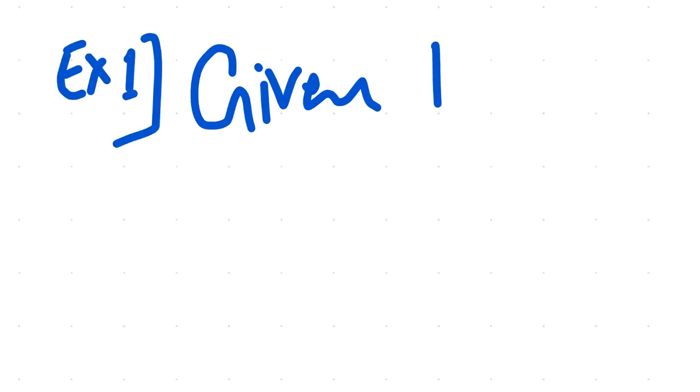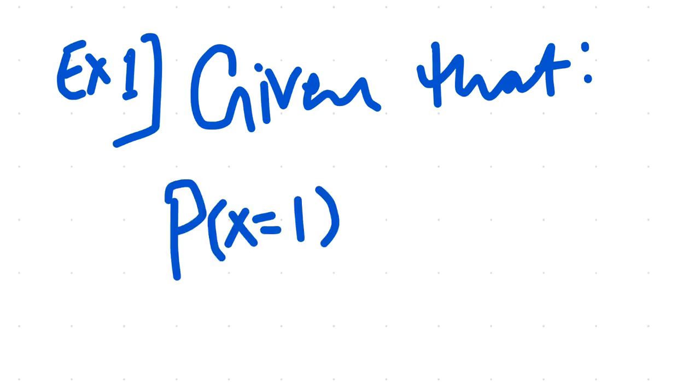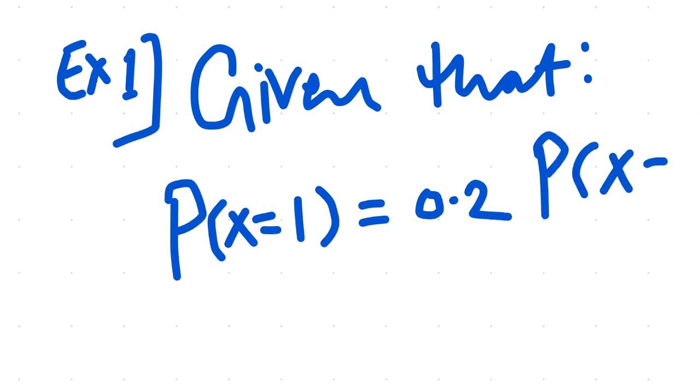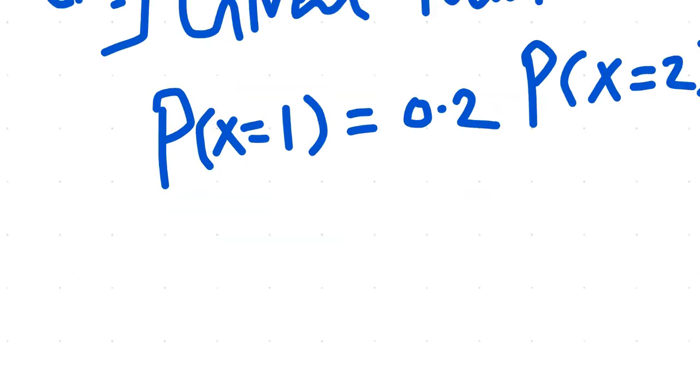P(x=1) is equal to 0.2 P(x=2). So let us use the formula on both sides. Its formula will be e to the power minus lambda, lambda to the power x over factorial x.